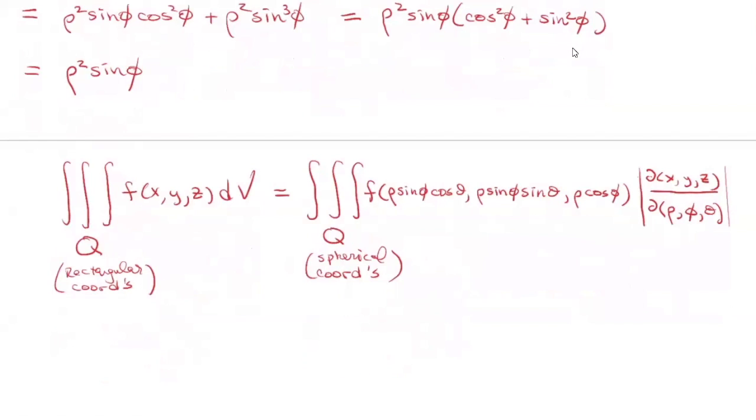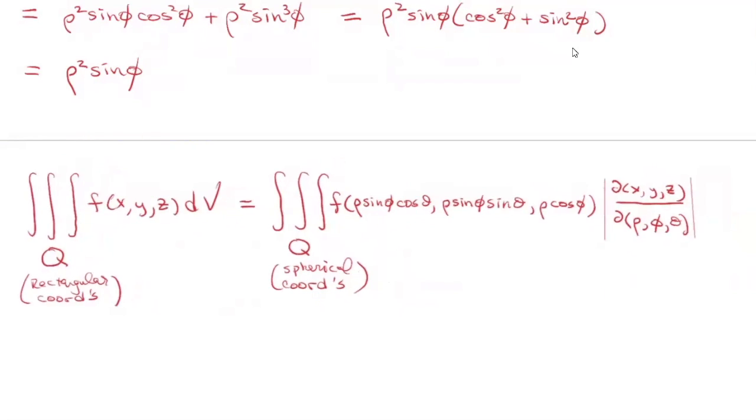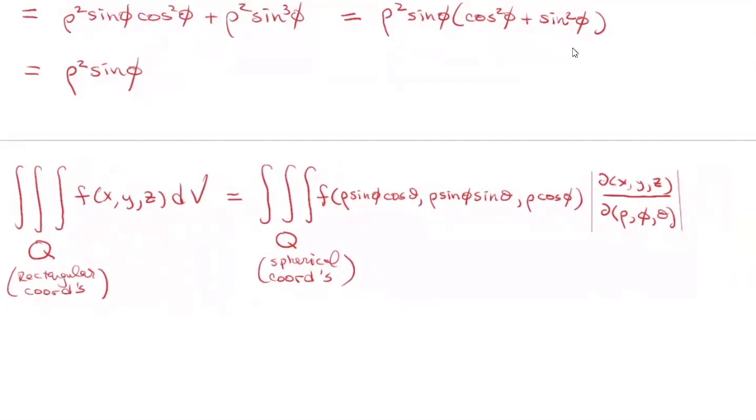So that's an absolute value, and the Jacobian is the determinant that we have evaluated. And the only thing I would add is a d rho, d phi, d theta.